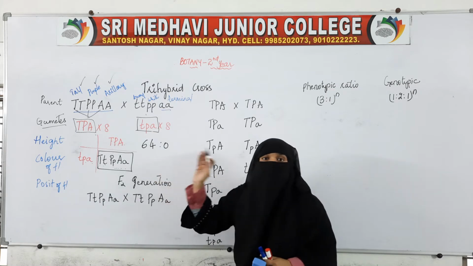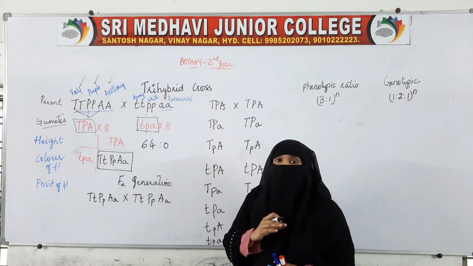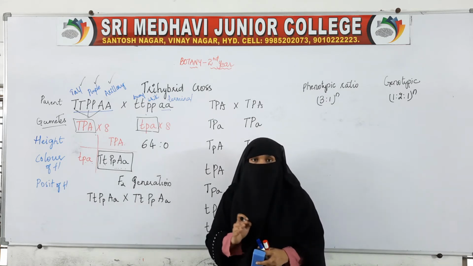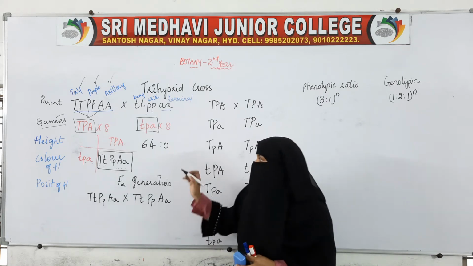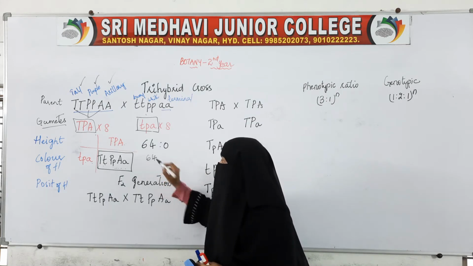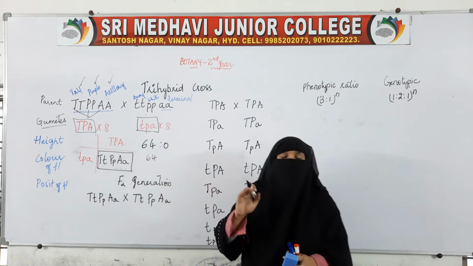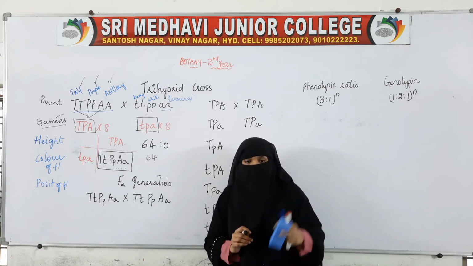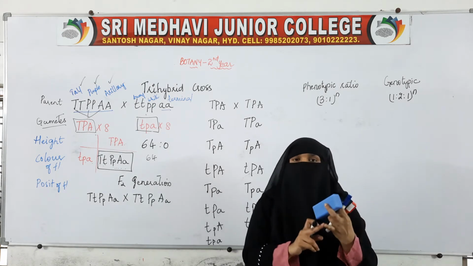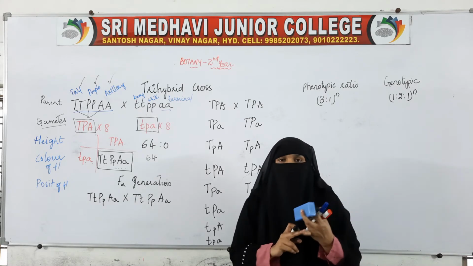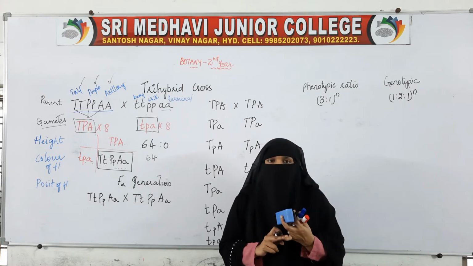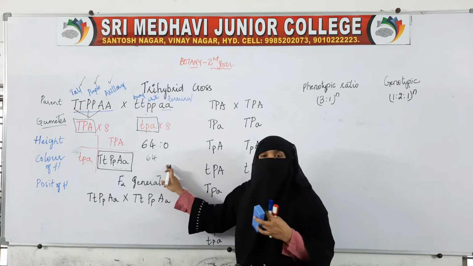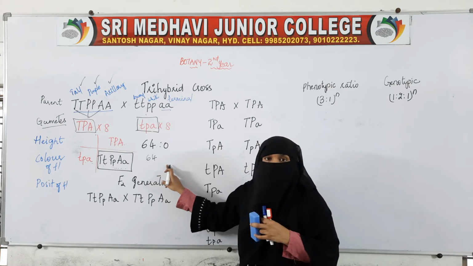This we have seen in both monohybrid as well as dihybrid: in the F1 generation, all the offspring are the same. So here we get 64 offspring. In trihybrid cross we will get 64 probable combinations. In monohybrid cross we were getting 4 probable combinations, in dihybrid cross 16 probable combinations, and now in trihybrid cross we will get 64 probable combinations.